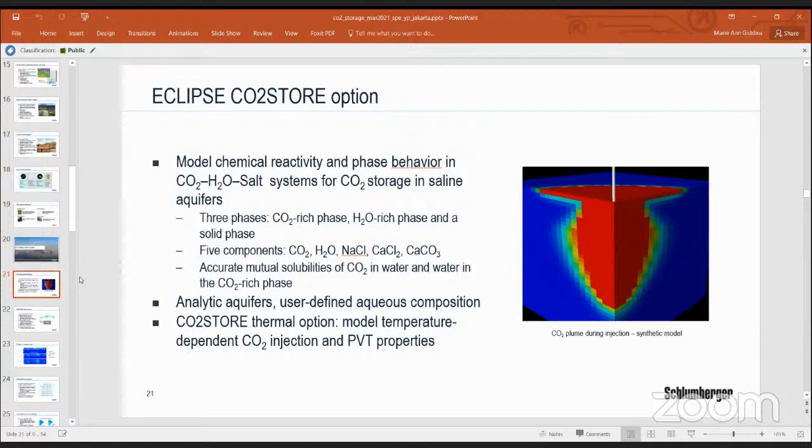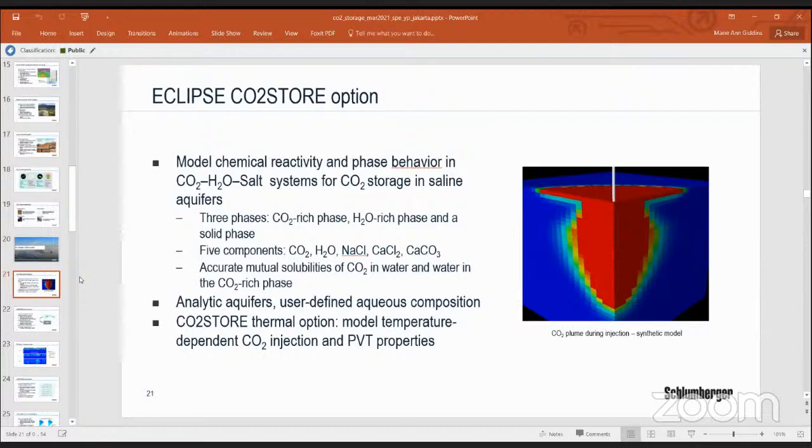It has three phases: the CO2 rich phase or gas-like phase, the H2O rich phase or water phase, but also a solid phase to represent the mineral reactions. It contains 5 major chemical components, which are CO2, water, salt, calcium chloride, and calcium carbonate.